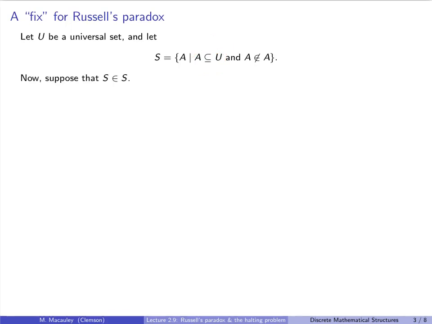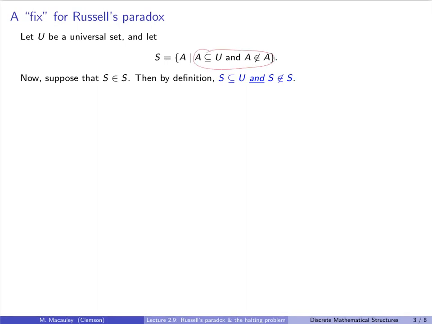As we did before, we can ask, does S contain itself? And as before, there are two cases. Either it does or it doesn't. In the first case, suppose that it contains itself. So S is an element of S. Then by definition, these two conditions hold.